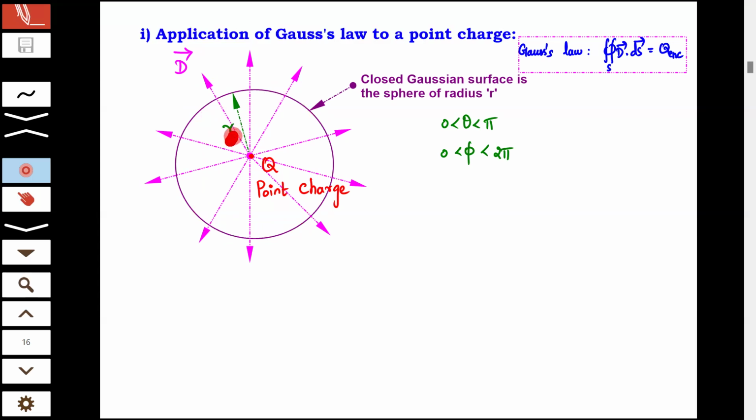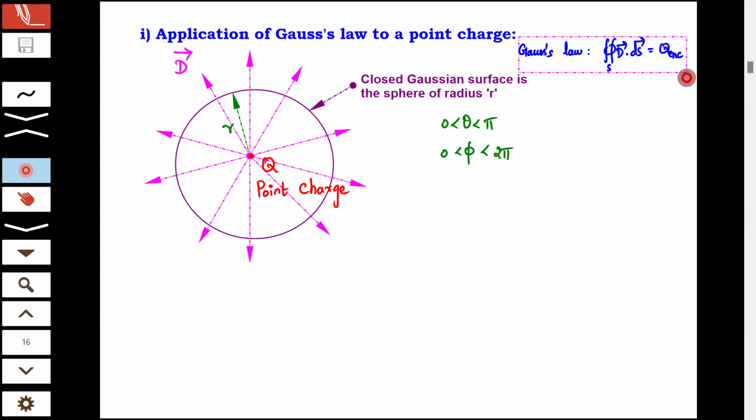In this case, the radius of the closed Gaussian surface is taken as r, and the variables are theta and phi. To cover the complete sphere, theta should take the values 0 to pi, and phi should take the values 0 to 2 pi. We can now perform the evaluation of charge enclosed and the left-hand side, that is closed surface integration of d dot ds.